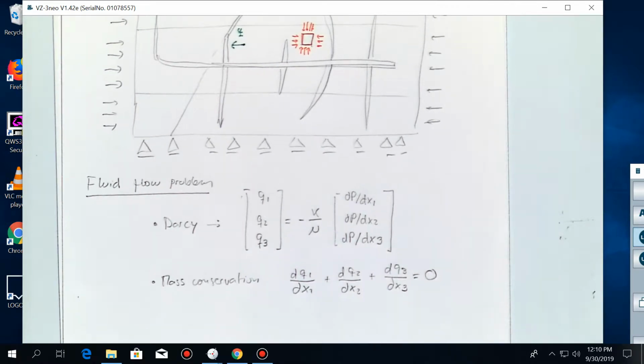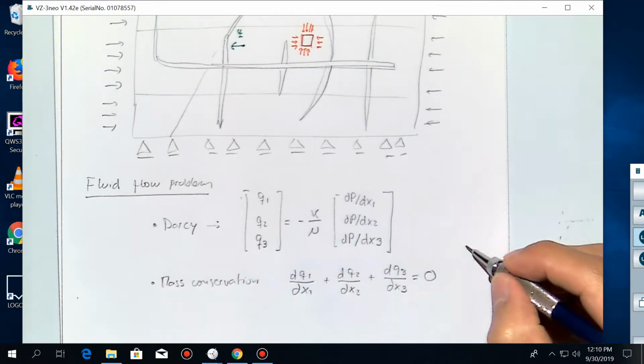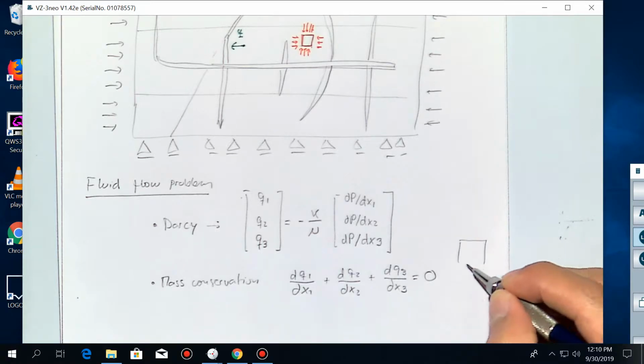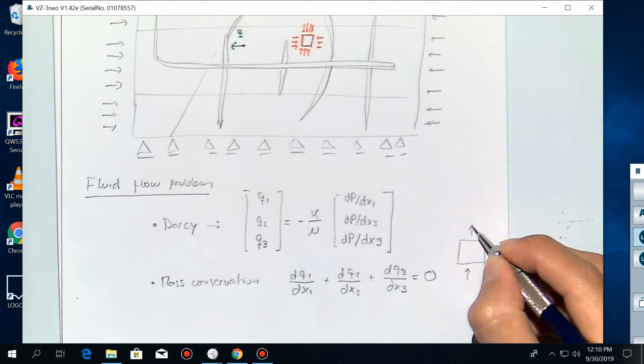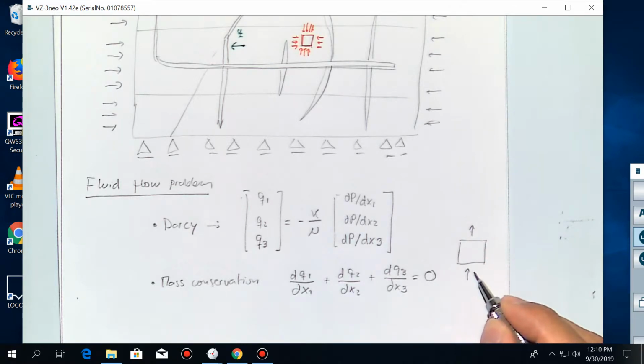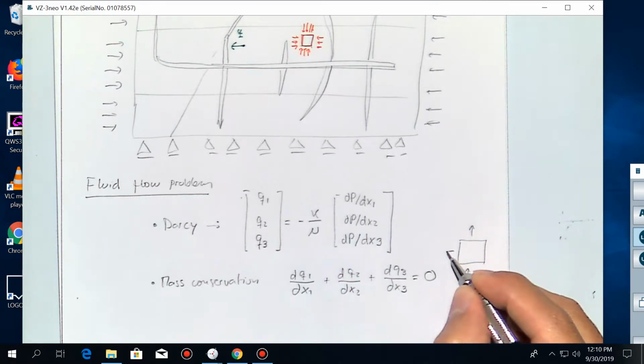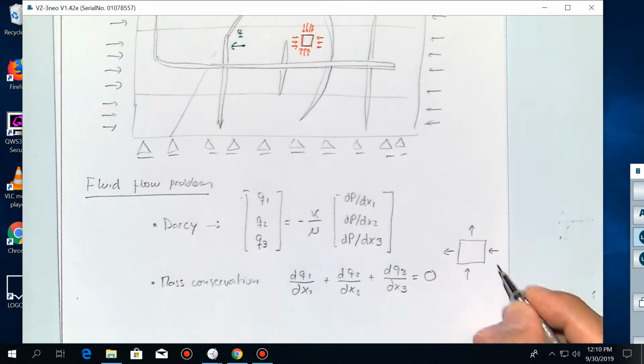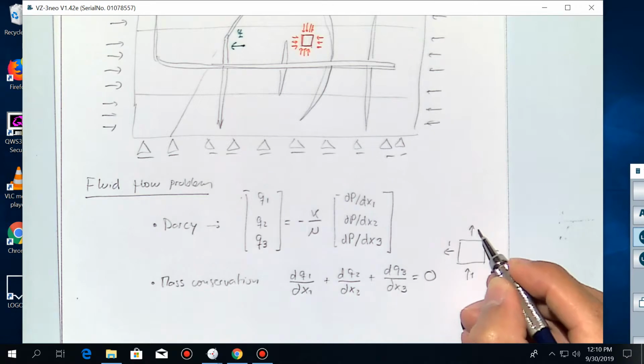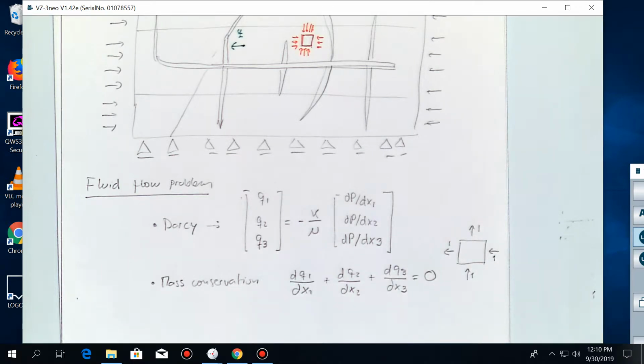So what that means is exactly what you said before, but in 3 dimensions. It means that what gets in one direction has to get out in some other direction.